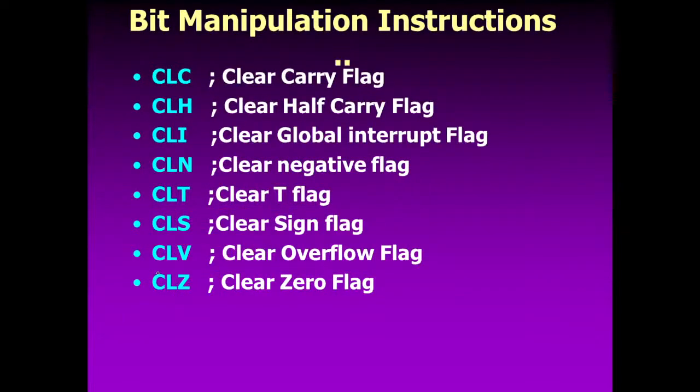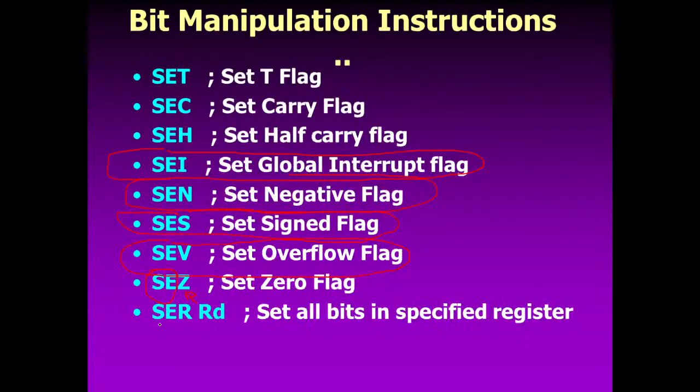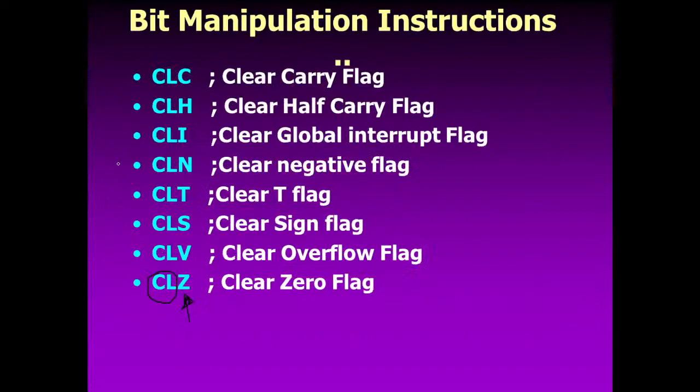CL means clear, Z means zero. So if you want to clear the zero flag, it is CLZ. Can anybody tell me what is the instruction to set the zero flag? SEZ. SEZ, right, perfect. So SE is for set and CL is for clear.